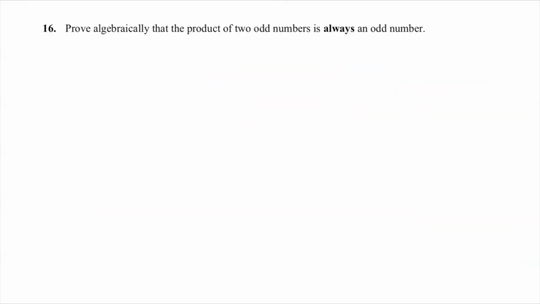Okay, we're going to prove algebraically that the product of 2 odd numbers is always, and it's in bold, so it is always an odd number. We have to clock the word product. That means times. And we have to know how to write two odd numbers in algebra because we're proving it algebraically.